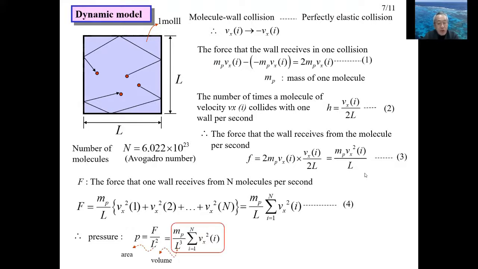Substituting the above F into this equation, the pressure can be expressed by the equation in the red frame. Since L cubed is a volume V, PV is given by equation 5.